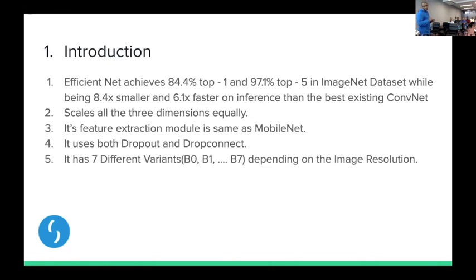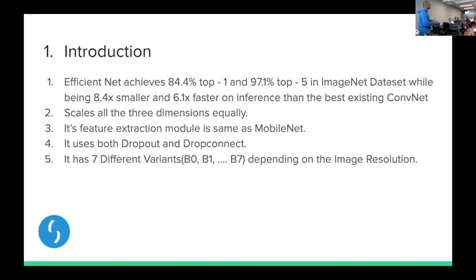So this is EfficientNet. Have you heard of the name ImageNet? ImageNet is a data set that has 1,000 classes, for example classifying flowers, cars, or something like that.